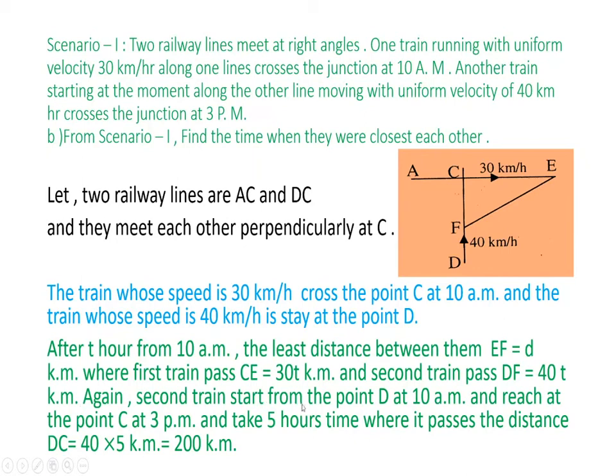Again, the second train starts from the point D at 10 am and reaches the point C at 3 pm and takes 5 hours, where it passes the distance DC equal to 40 into 5 kilometer, that means 200 kilometer.